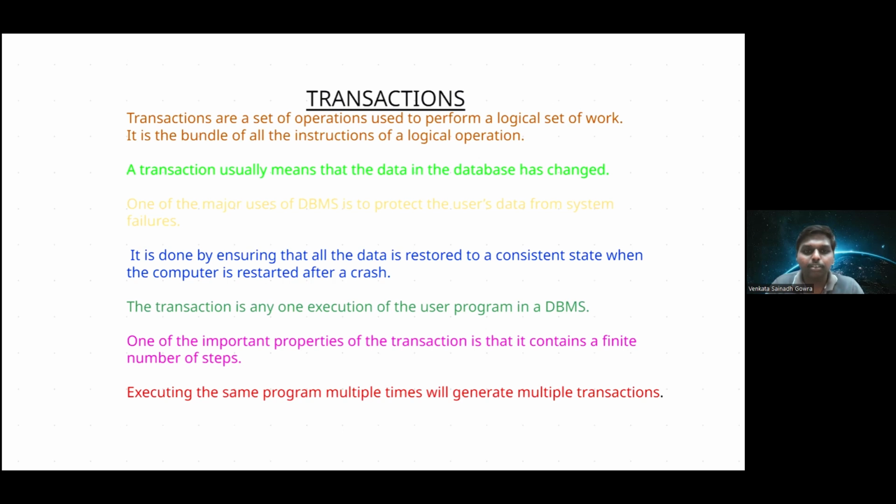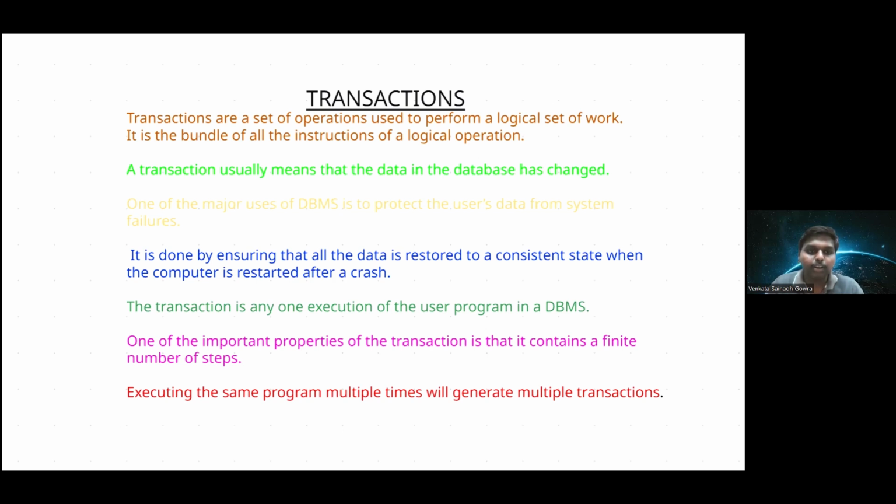Next, one of the major uses of DBMS is to protect users' data. The main uses of DBMS are that it maintains data integrity and data backup. So we have four properties called ACID properties, which tell us how we can keep the data integrity in DBMS.